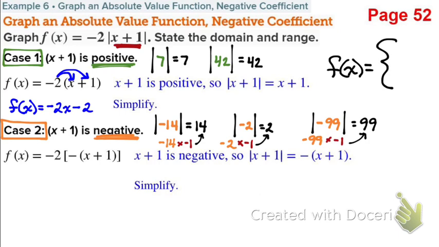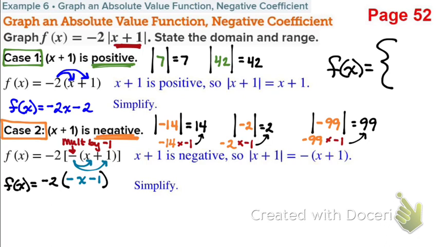So that's what we're going to do. We're going to multiply by -1 if I know it's already a negative, because that'll turn it into a positive number. So I'm going to distribute a negative to everything here. So I have -x minus 1. And I still have that -2 out in front. Can I simplify this even more than that?